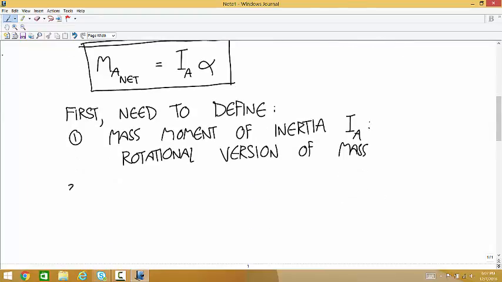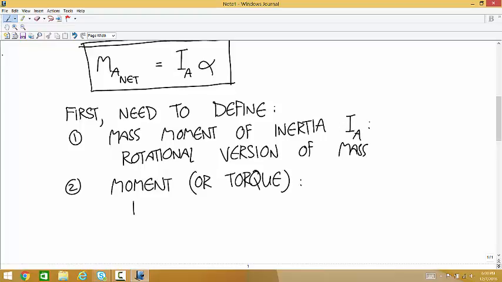And then we have to define the moment or torque. And that's the rotational version of force.